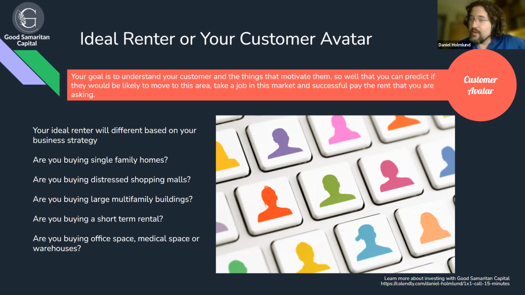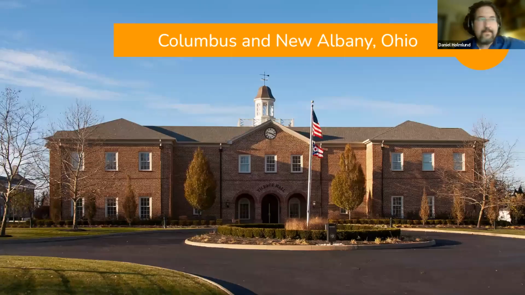Are these blue collar workers who might be working an hourly wage? In which case, if you're looking at a C class or a B class property, that might be appropriate. Are they white collar workers who might be able to afford a little bit more? If you are doing distressed shopping malls or other types of assets, of course, the ideal renter profile is very important. So you need to keep that in mind when you're doing your research.